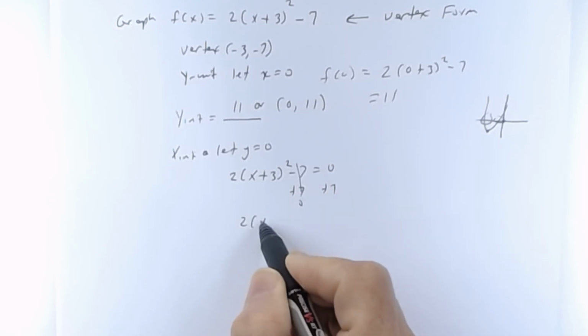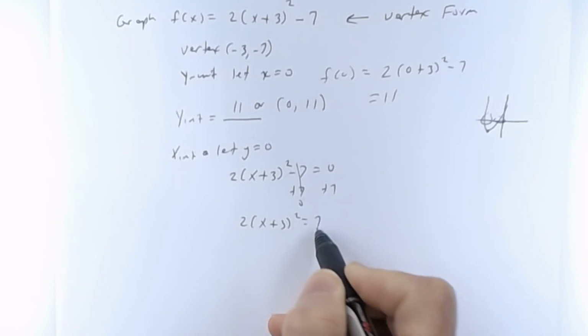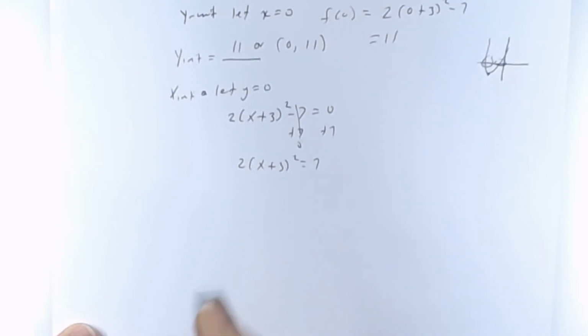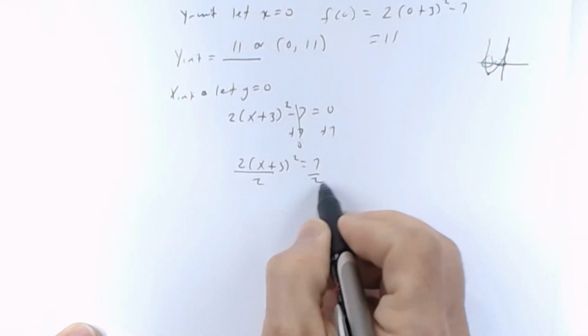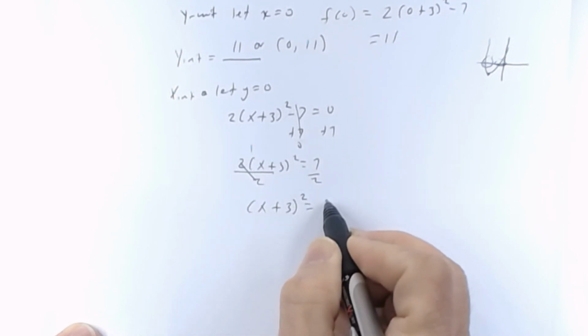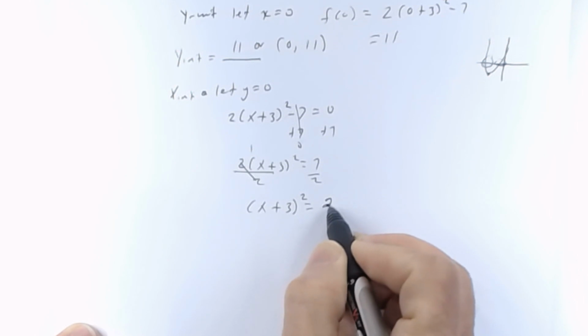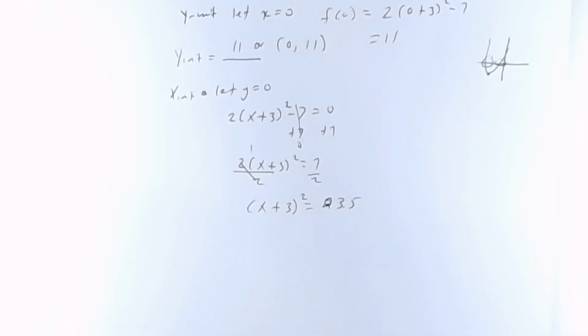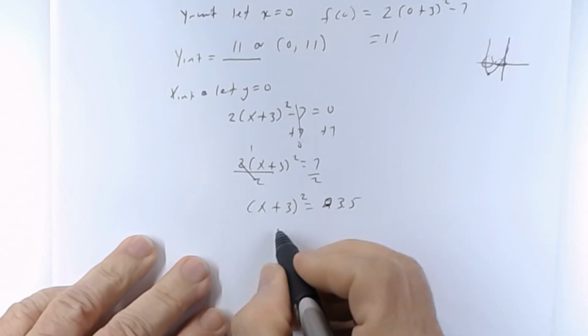So I get 2 times (x plus 3) squared equals 7. What's the next step? Divide by 2. And so I get (x plus 3) squared equals 7 halves, or 3.5. Since it terminates, I can write it as a decimal. All right, then what's the next step? Take the square root of both sides.